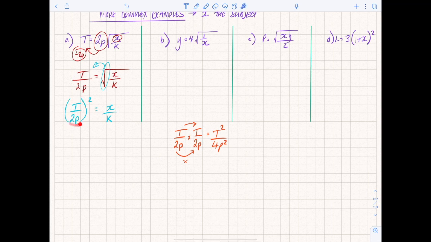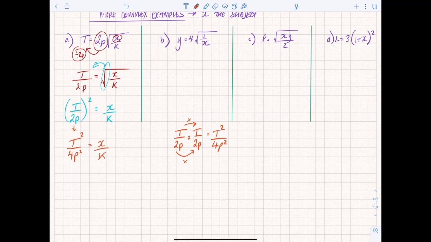So really important here you understand that this doesn't just become t squared over 2p. T over 2p squared is this, because when you're multiplying fractions, you times the top by the top and the bottom by the bottom. So this actually becomes t squared over 4p squared, which is equal to x over k.